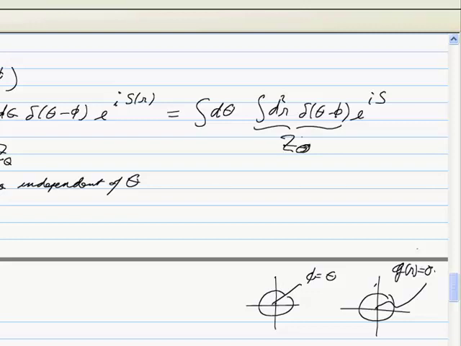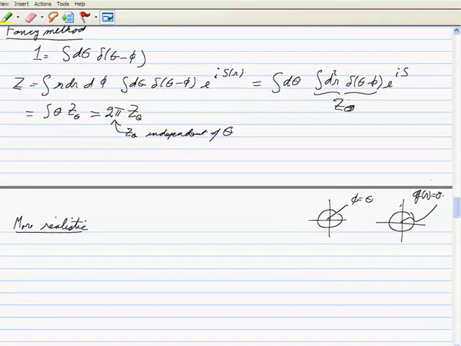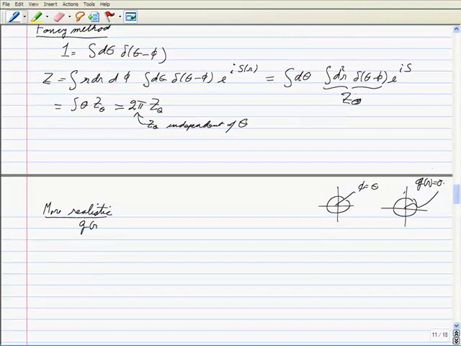Now that works equally well. If you fix it at any given r, the angular integration is again a factor of 2 pi. But we want to impose the constraint g of r equals 0 instead of just the simple constraint.